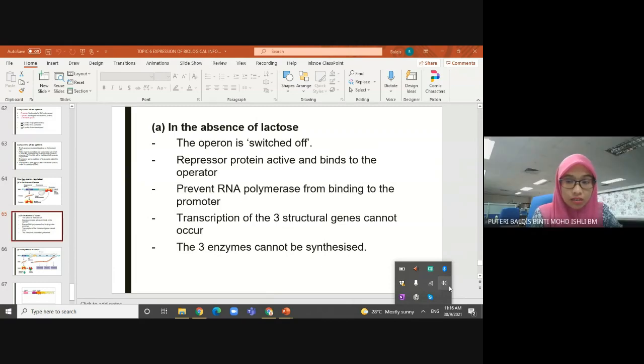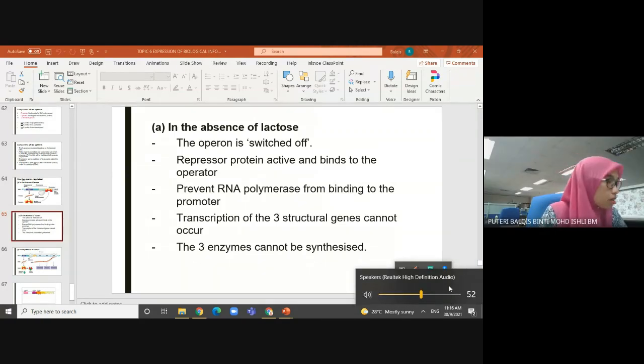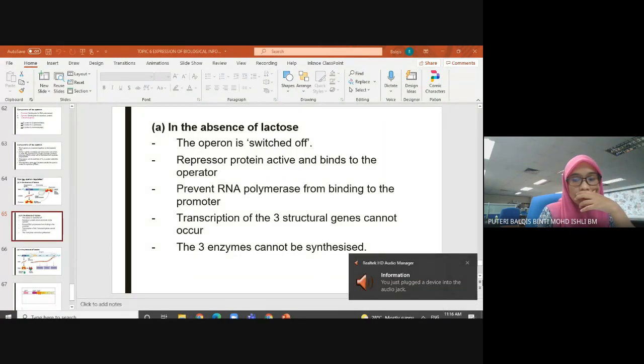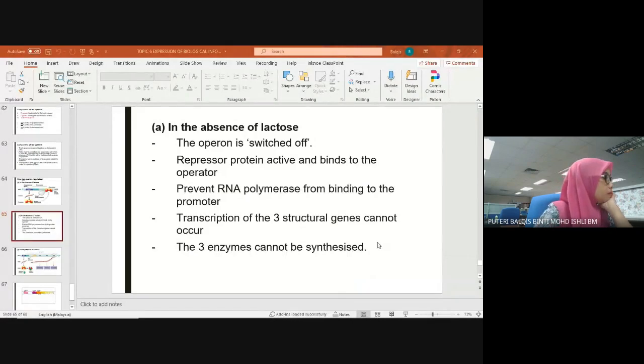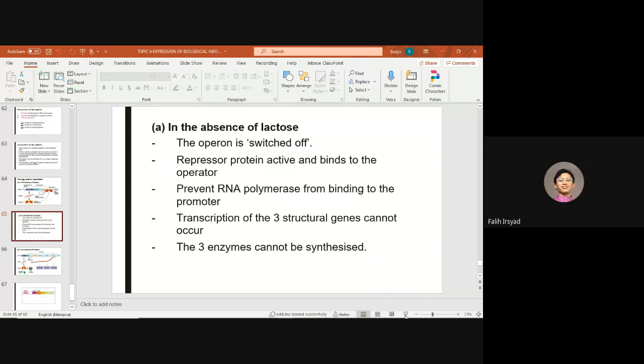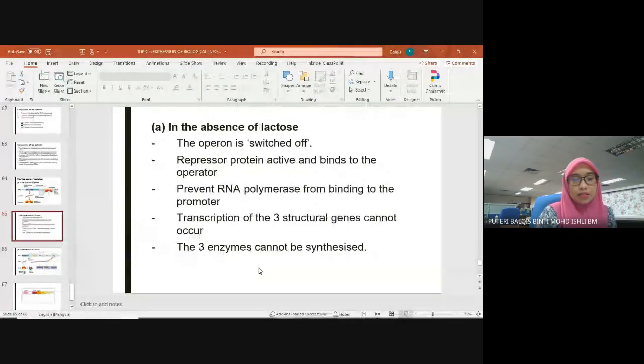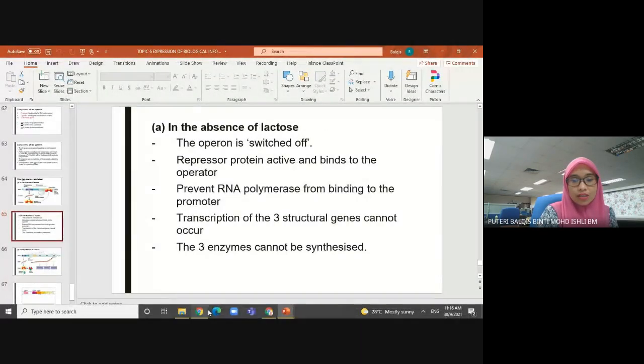Speaker okey. Why? Okay guys, siapa tolong cakap something? Ada tak? Oh, still tak dengar. Okay, tak apalah. Saya cakap seorang lah hari ni.